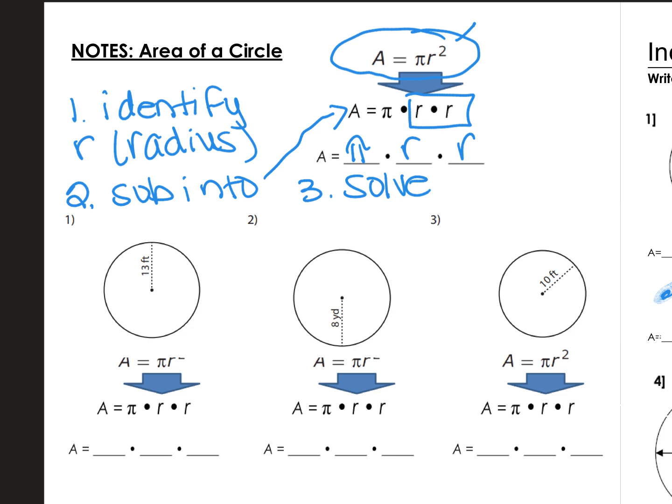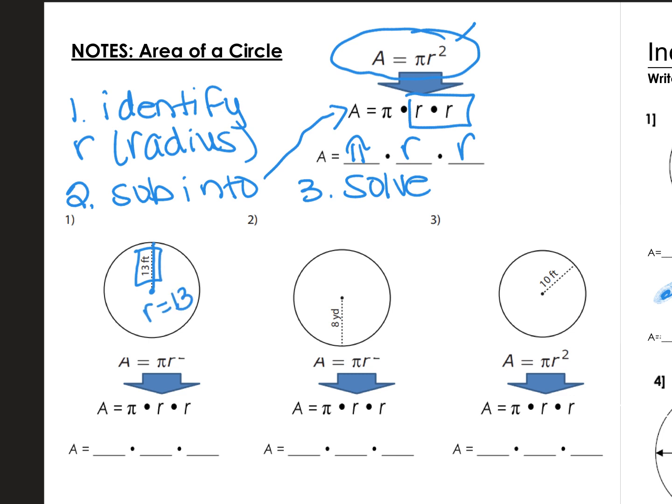So let's take a look at a couple problems and work through some examples. Here is our first example. Here we have a circle and it gives us this radius. Our radius here is 13. Remember, radius is from the center, kind of that halfway. So we have r equals 13.